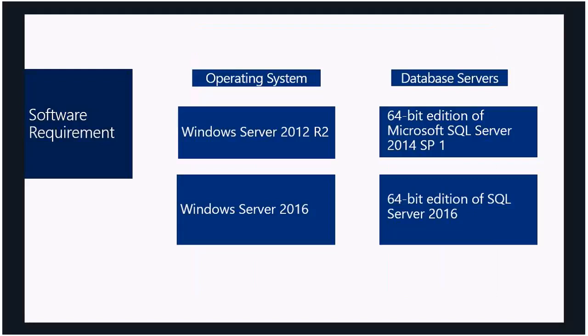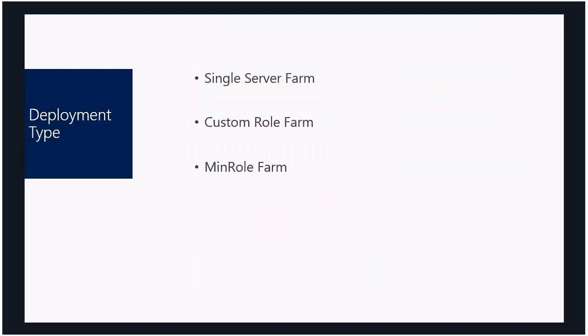We have three deployment types: the single server farm, the custom role farm, or the main role farm. Let me give you some information here. The single server farm means you only have one SharePoint server, and that server will have almost everything installed.